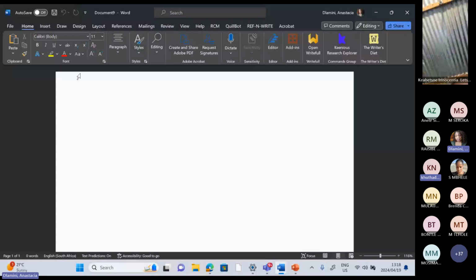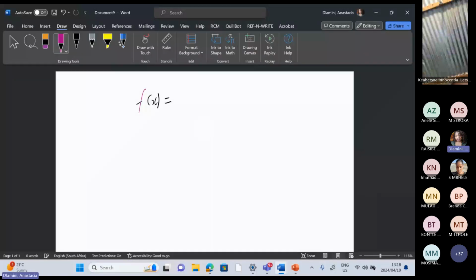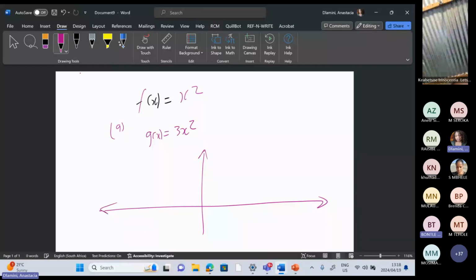So they're saying you have f of x equals x squared, and then they want g of x equals 3x squared. As usual, we start with our graph, which is like this. It cuts the origin, isn't it?